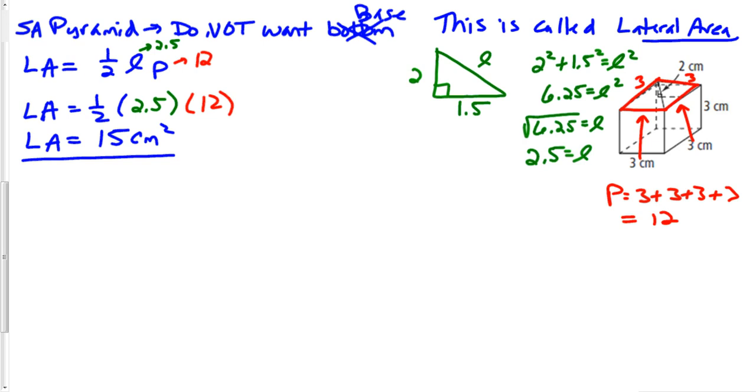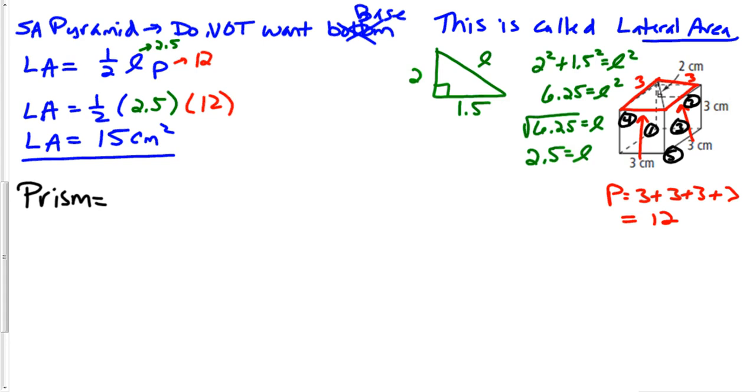So now I need to deal with my prism. Let's figure out what parts I need. This one's a cube, actually, so it's very easy. In a cube, all the faces are the same, and there's a total of 6. The front, the back, the left, the right, the bottom, and the top would make 6, but I only want 5 of those faces.